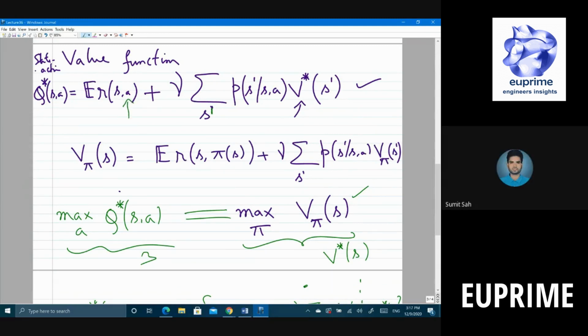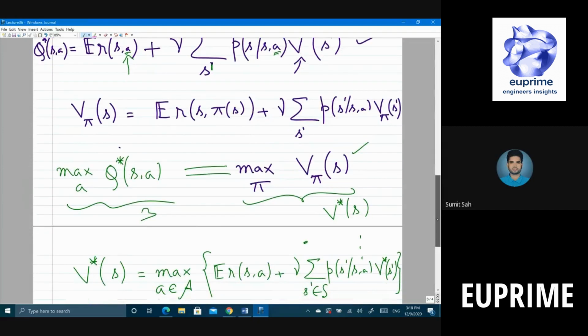Under the summation, the probability of S dash given S, A, this A and this A are the same. If there are three actions, this needs to be the optimal action at state S, so that we can get V star of S dash, right? Exactly, yeah. Okay, is that fine? Yes, sir.